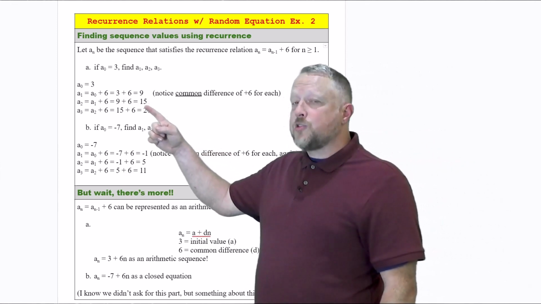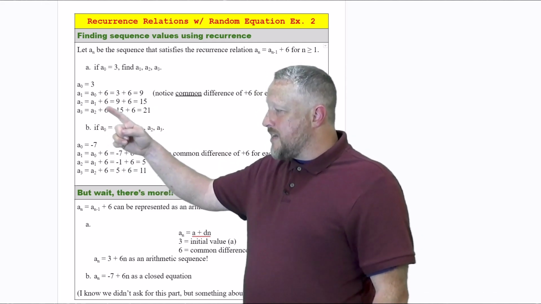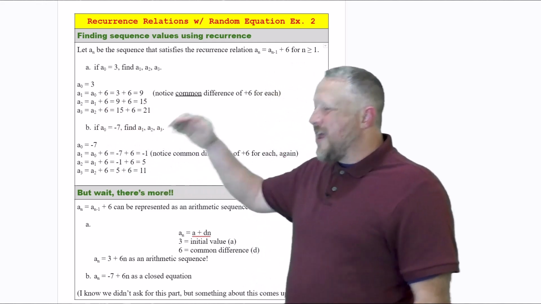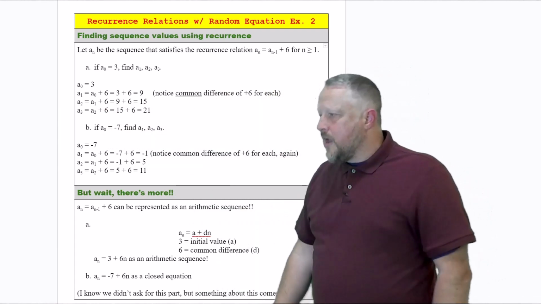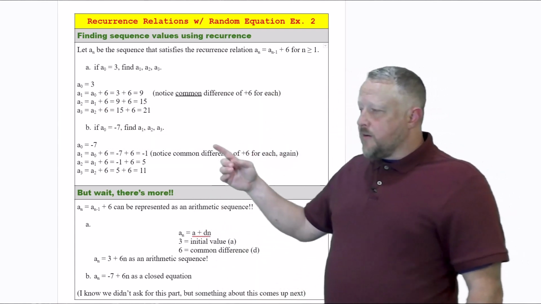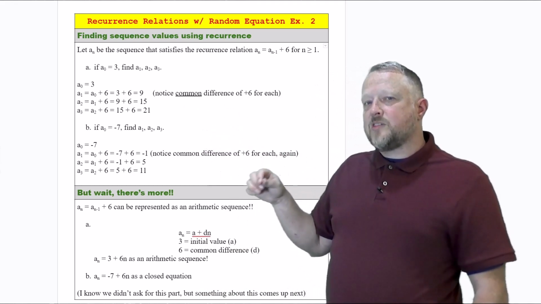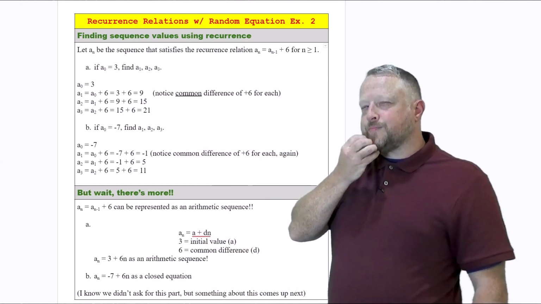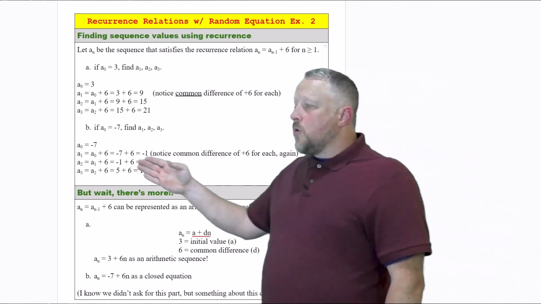We have an answer now for a sub 1, which I'm going to use here because I need it for the next part of the equation. Notice how it builds off one another. Notice, by the way, there's a common difference between all of those of plus 6. Common difference, huh? Anyway, we're going to try it again.